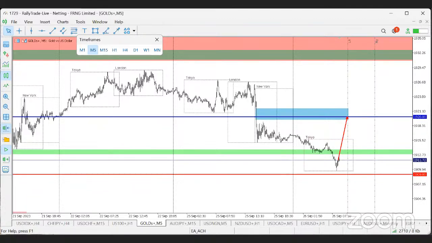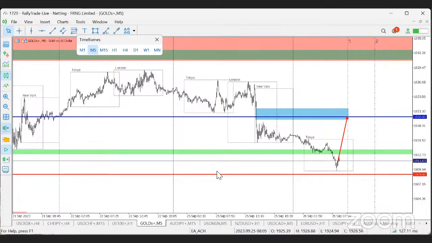The slight retracement we are hoping to see on DXY should create retracements that we should be expecting on Euro USD, then on gold, and then on Pound USD. All right, so that is it for Euro USD and gold.